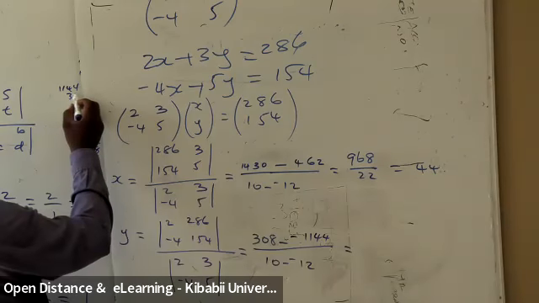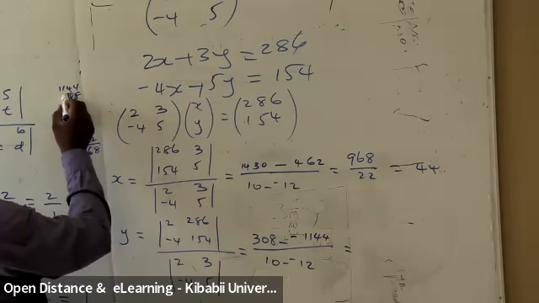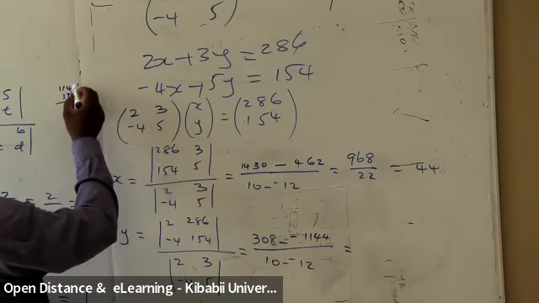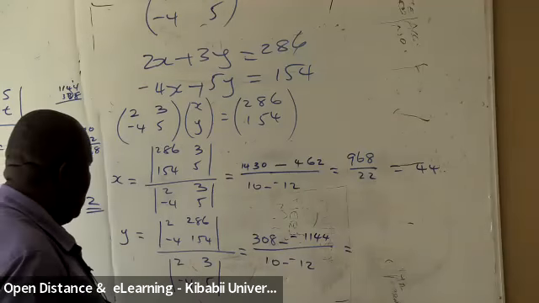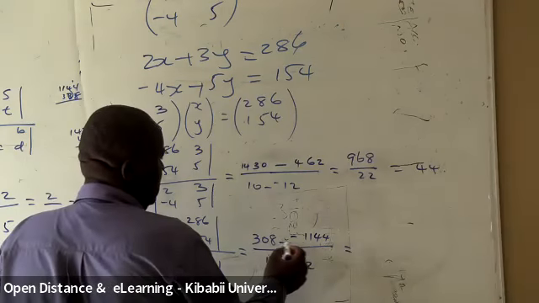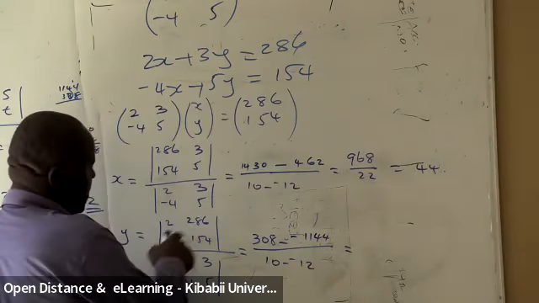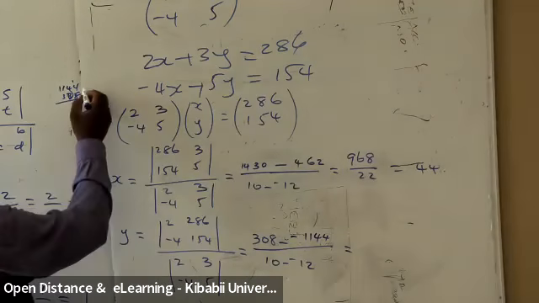So 308 plus 1144. Is it minus? Which one? Yeah, this minus, because this will give you negative, so we add the 2.